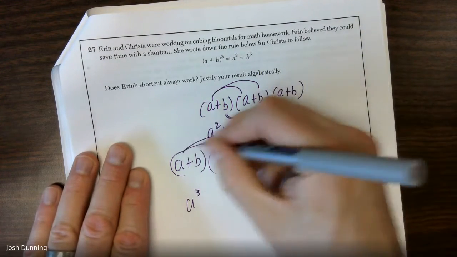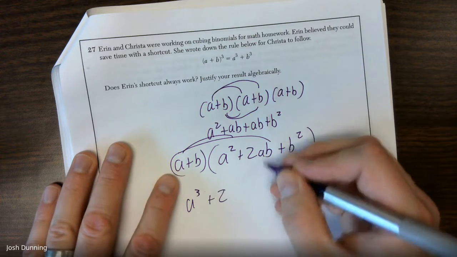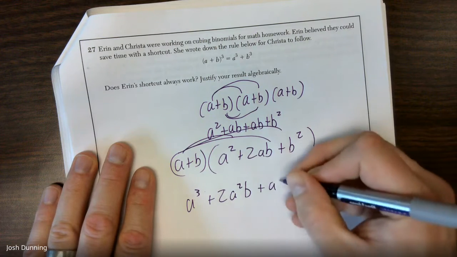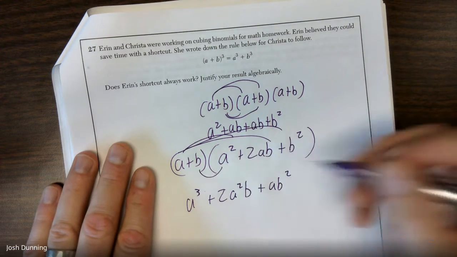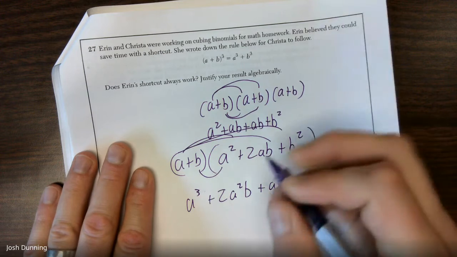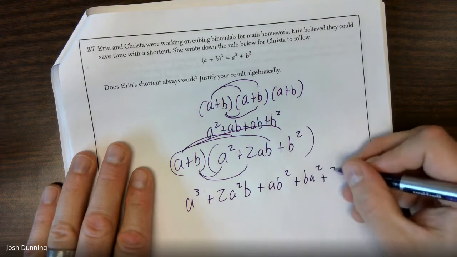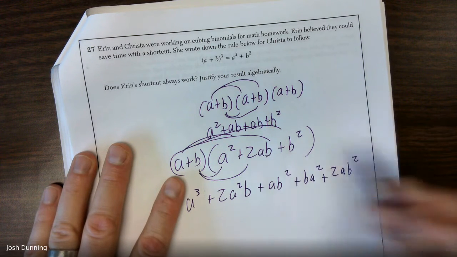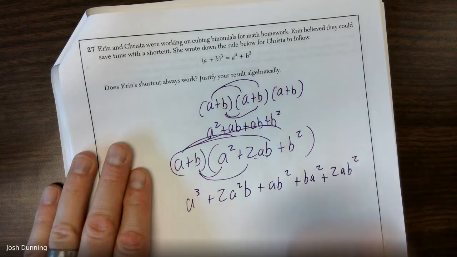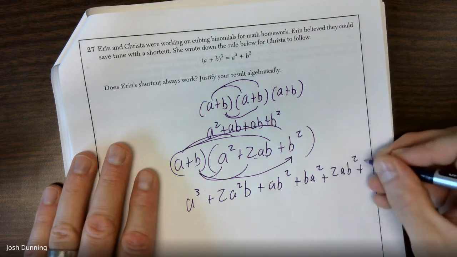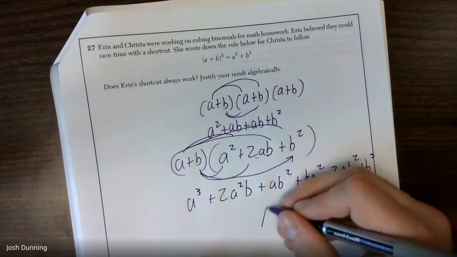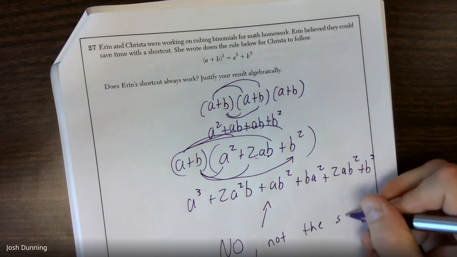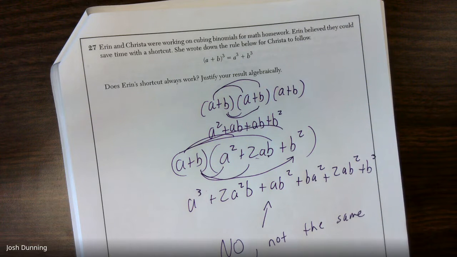A cubed plus 2A squared B plus AB squared, then plus BA squared plus 2AB squared. Again, B times that B bumps that up. Those others stay the same. And then B cubed. No, not the same. Not even close.